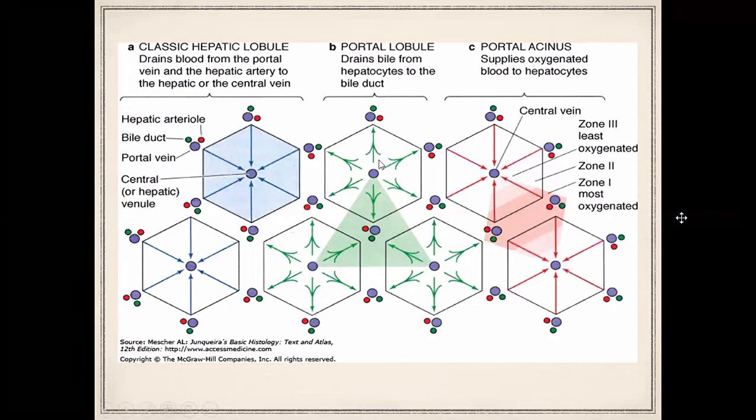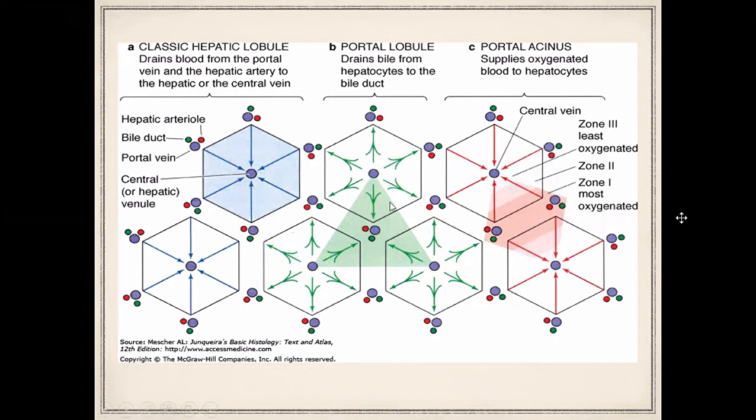These are also hepatocytes going to the bile duct. This is your portal lobule, which drains bile from the hepatocytes to the bile duct, from the central vein going towards the portal triad.